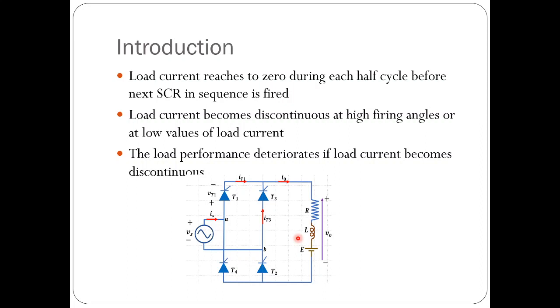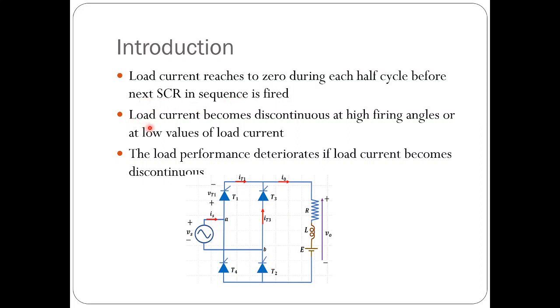I will explain the operation shortly. For the time being, assume that load current is made 0 before the next sequence of thyristors, T3 and T4, are fired. So current through T1 and T2, which is the same as load current, is made 0 for the positive half cycle. Let me say, for the beginning first cycle of the operation.